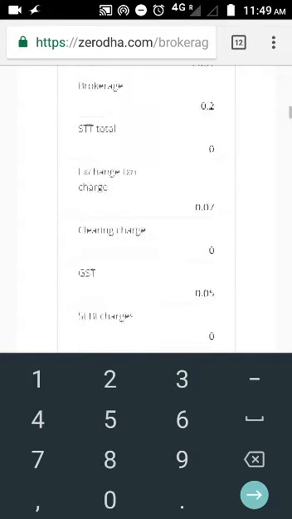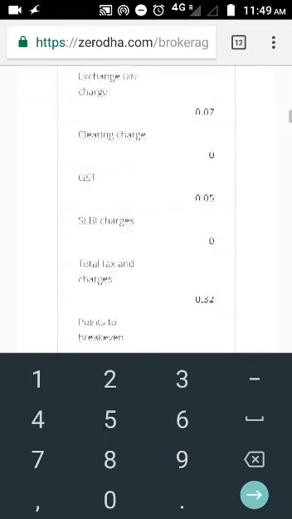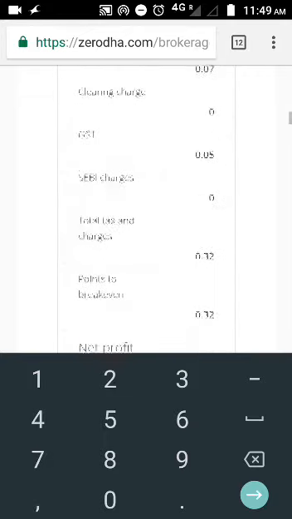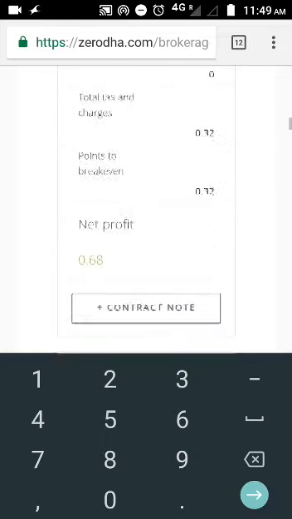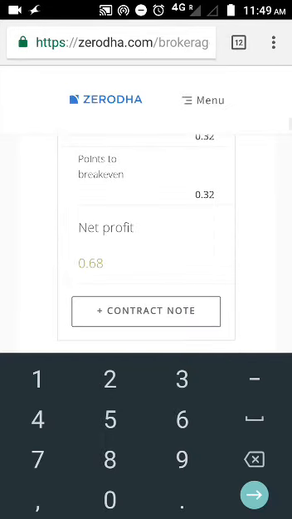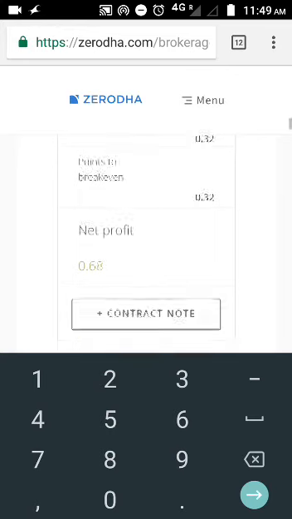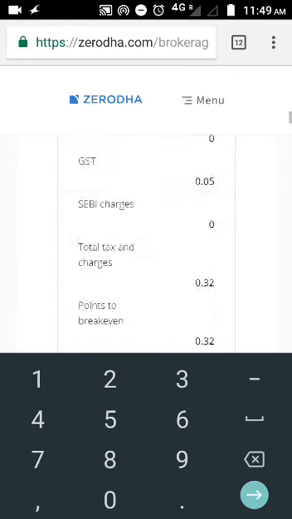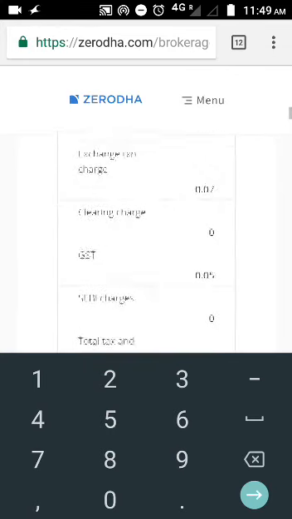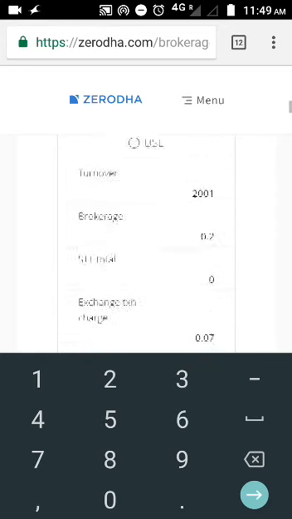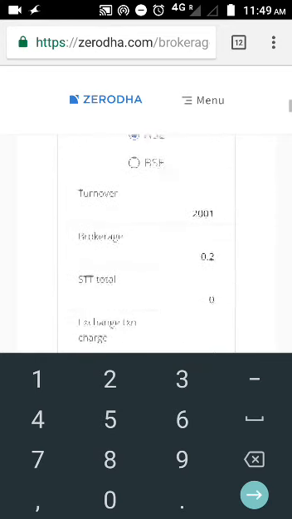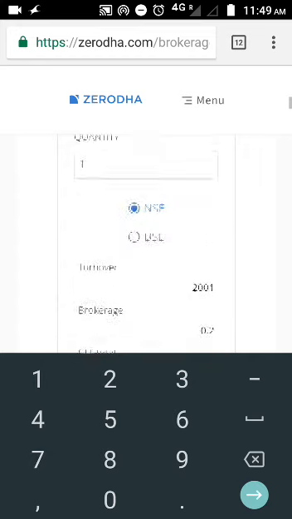Intraday equity, equity would mean stocks here. So I'll give you an example with smallest quantities. You buy a stock which is worth 1000 rupees and sell it at 1001 rupees. Ideally, 1 rupee should be your profit, right?